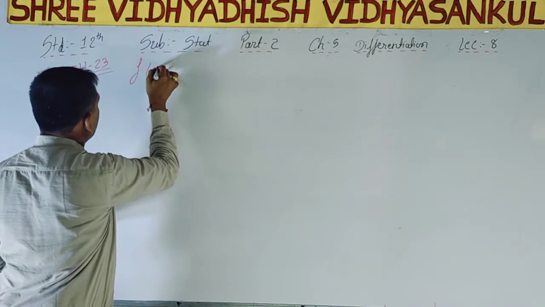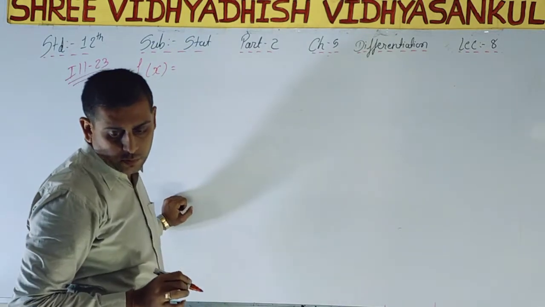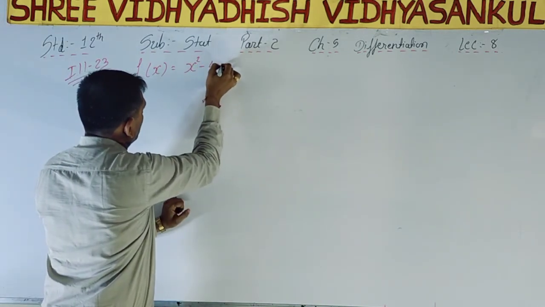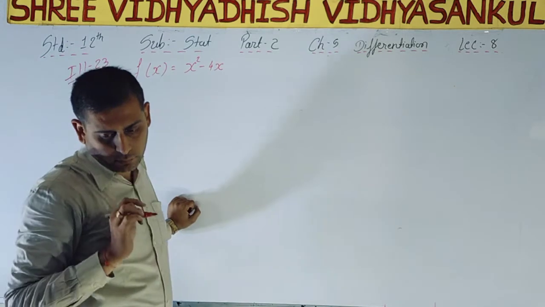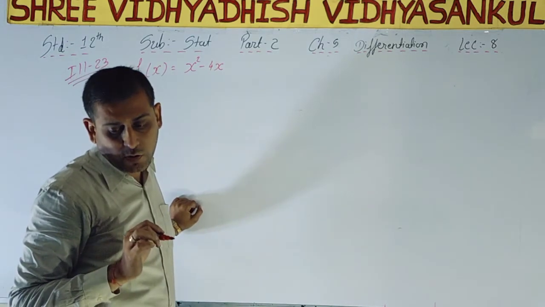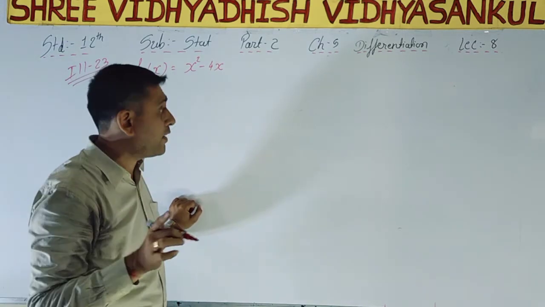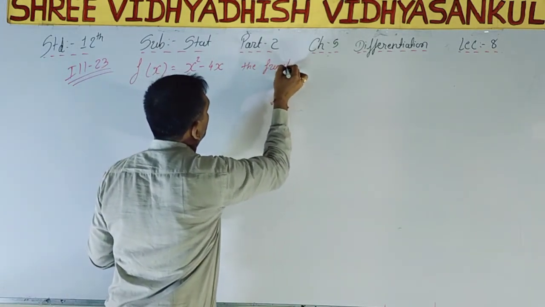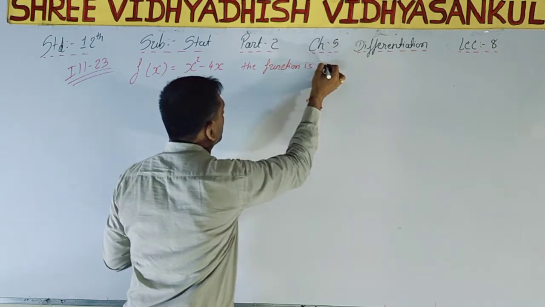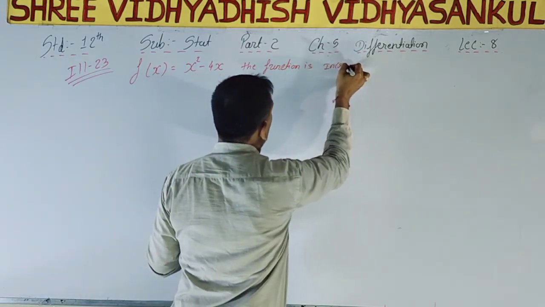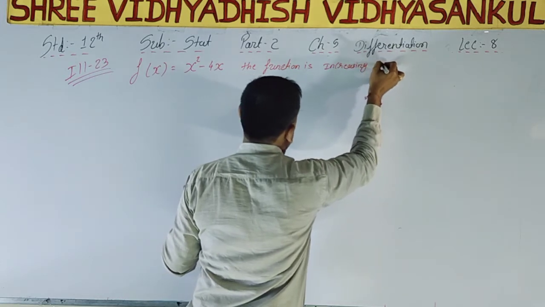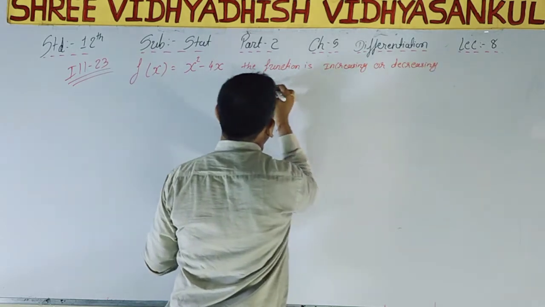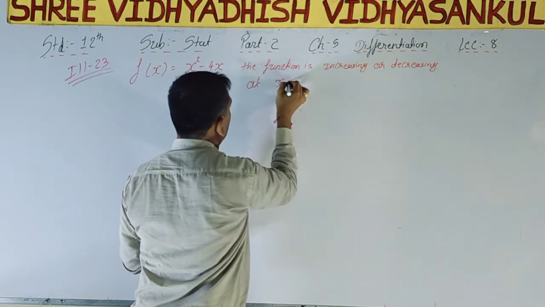If f of x is equal to x square minus 4x, then decide whether the function is increasing or decreasing at x is equal to 1.